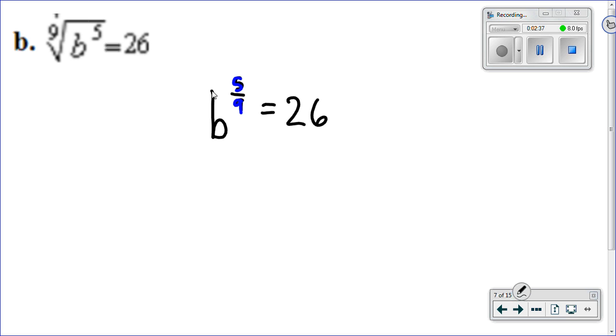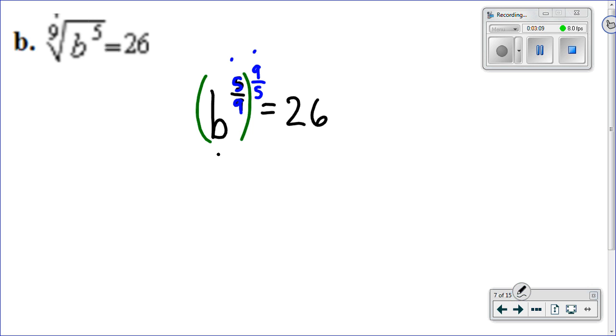So now again, if we want b to the first power, what do we need to raise this to in order to get the first power? Well, we know a power raised to a power, we're going to multiply. So if we multiply this by the reciprocal, we multiply this by 9/5, or we raise that to the 9/5 power, and then we use our properties of exponents, and 5/9 times 9/5 is 1, because those are reciprocals.